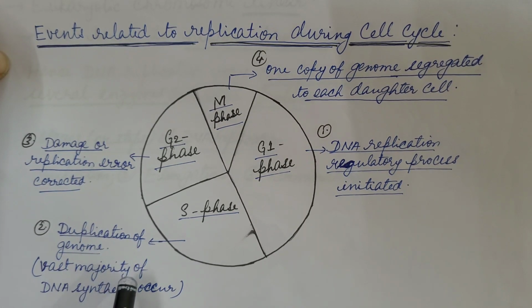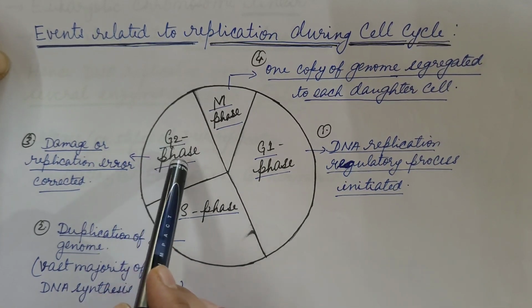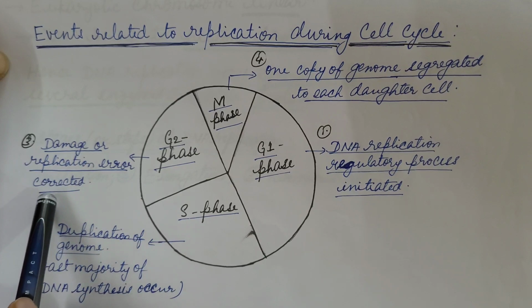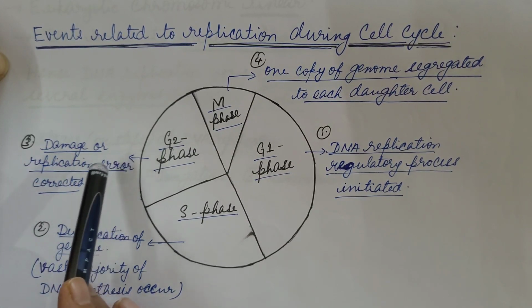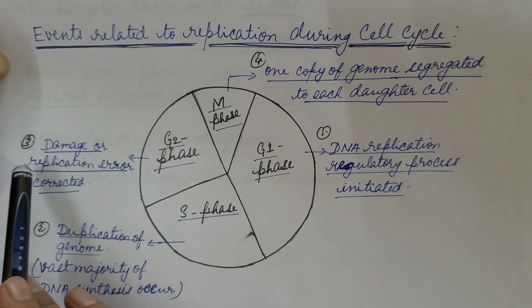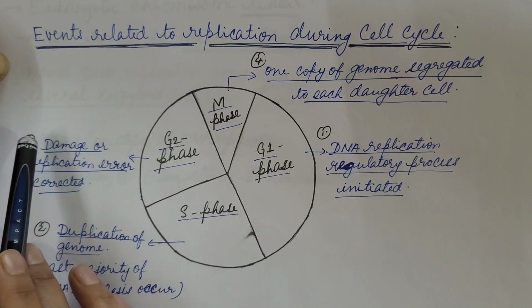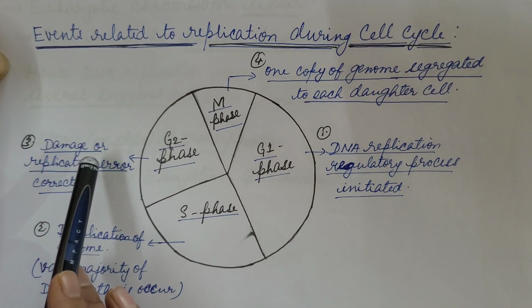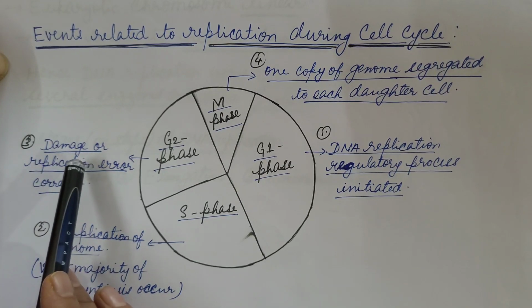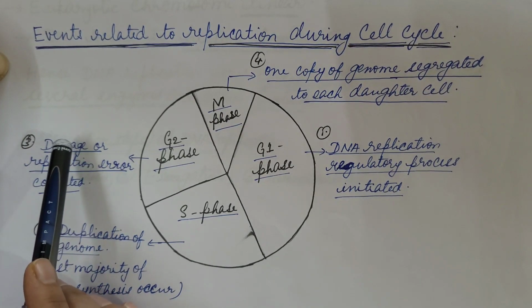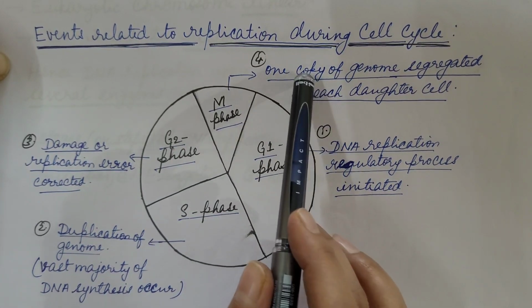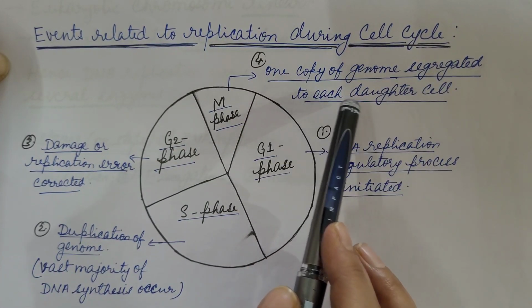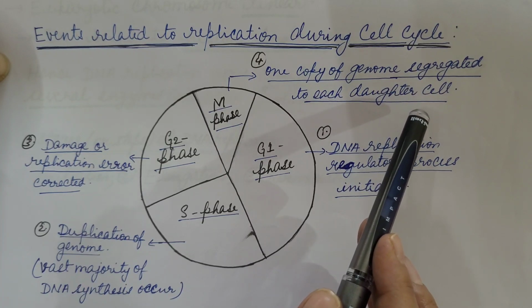In G2 phase, damage or replication errors are corrected. So during DNA replication, if any error occurs, it is corrected during the G2 phase, and also any damage that occurs in the DNA due to mutation or ultraviolet radiation is corrected during the G2 phase. In M phase, one copy of the genome is segregated to each daughter cell after cell division.